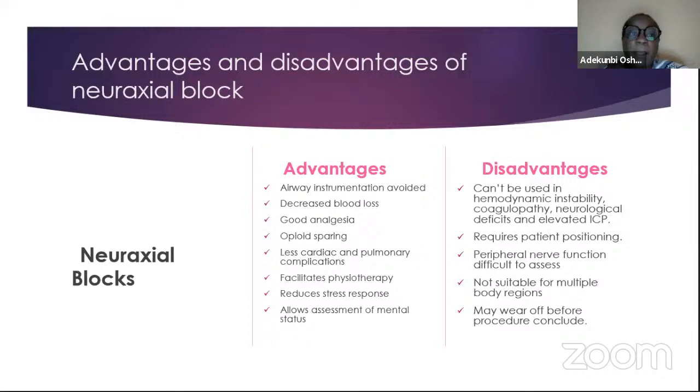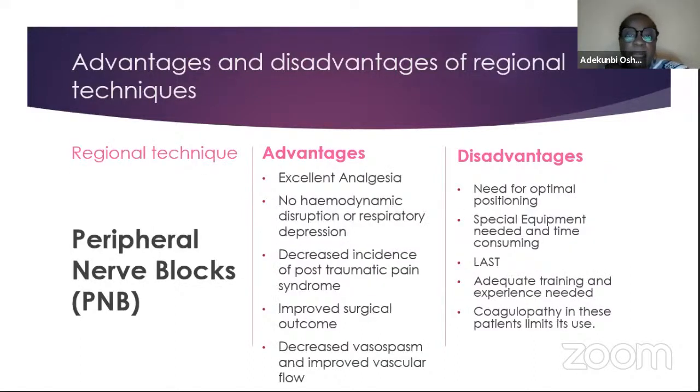Now, peripheral nerve blocks are used most times in other parts of the world in the emergency room to provide analgesia for patients that have fractures, and even for children, especially when they want to take them for some x-rays. So for advantages, it provides excellent analgesia, of course, no hemodynamic disruption or respiratory depression.